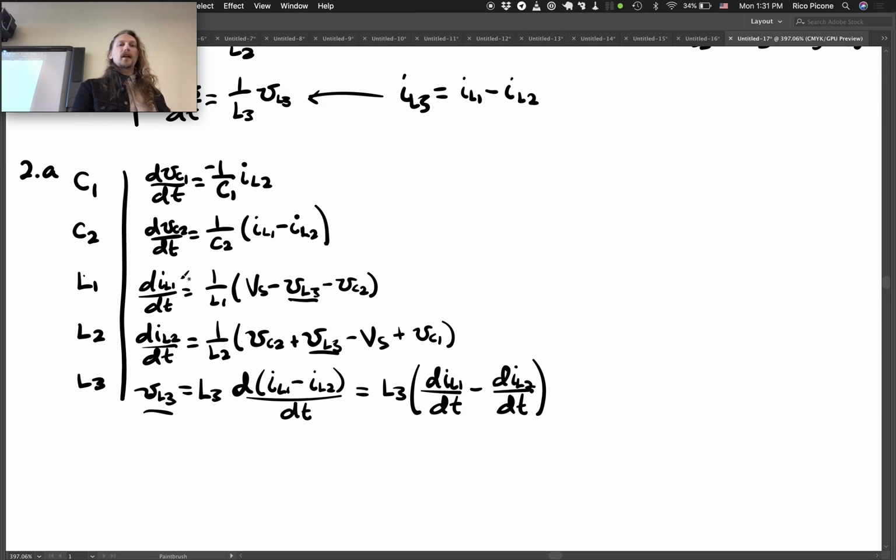And if we do that substitution, we don't get rid of VL3, it's still one of our variables. And we lose access to some of the information about IL1 and IL2, which are our state variables. So we need to keep the IL1 and the IL2 variables around. And we've got to get rid of VL3. Okay. So in terms of simplification of this set of equations, you're right. That would simplify them. You just wouldn't end up at the place that you want. You'd have a simpler set of equations that are not your state equations.